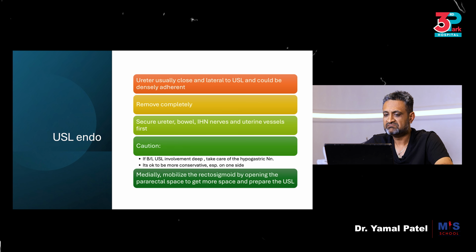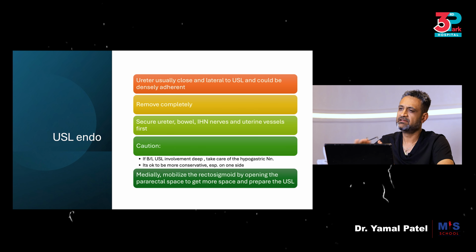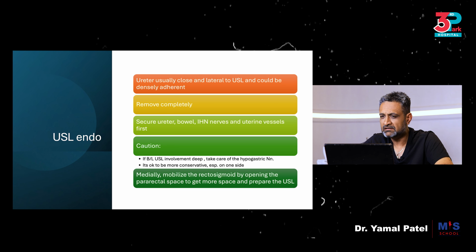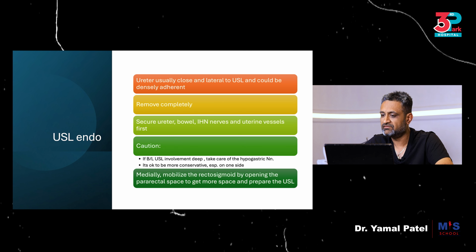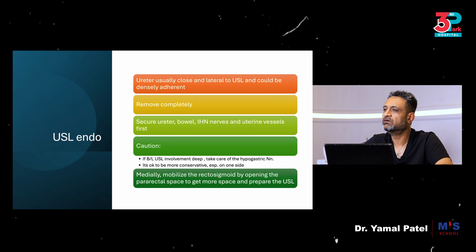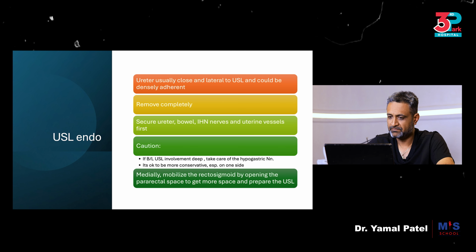So the approach would be secure the ureter, secure the bowel, keep it aside, ensure a nerve-sparing approach to ensure that you're away from the nerves, and secure the uterine vessels first.